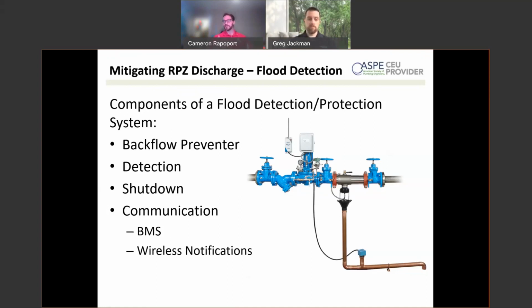They're relatively inexpensive, especially compared to how expensive water damage is. These always seem to release in the middle of the night when no one's there. And it honestly does not take a lot of water to cause $1 million worth of damage in a commercial building. So I encourage you to check these out.